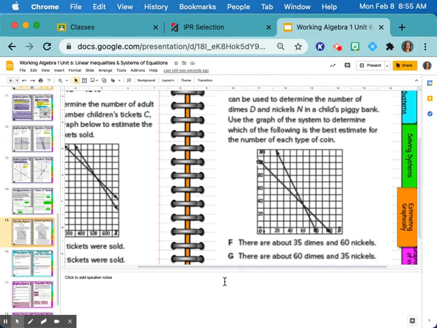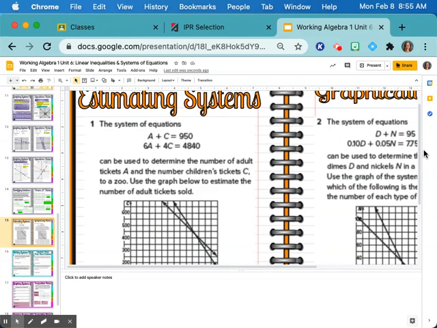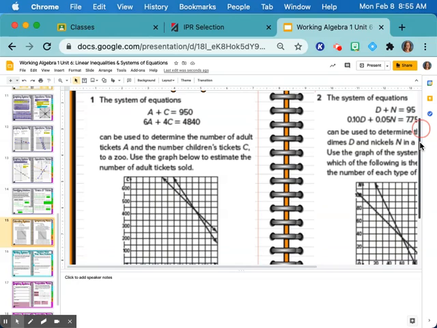Okay, let's look at slide 15. This is all about estimating systems graphically. So you will be given a set of information, so a system of equations, maybe a word problem, and then asked to determine what the solution is to that system.